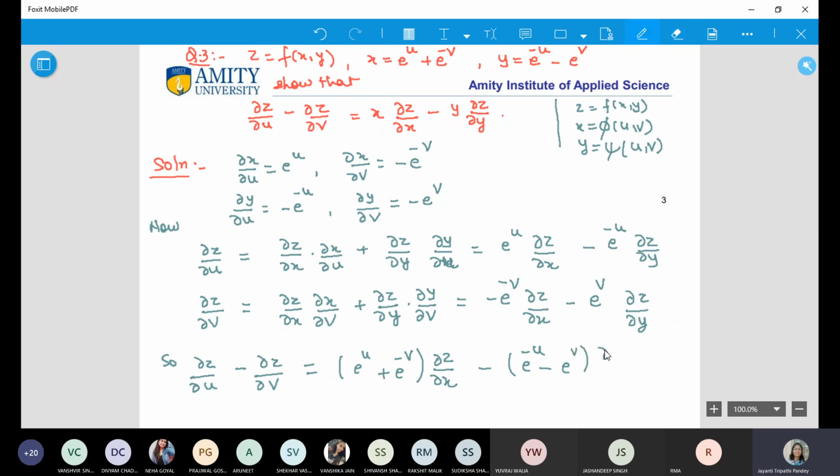Is this okay or not? I've collected del z by del x in one group and del z by del y in another group, but we have to use a difference. Is this fine? And what is this value? This is x. And this is y. Hence proved. Just see if this is okay or not.